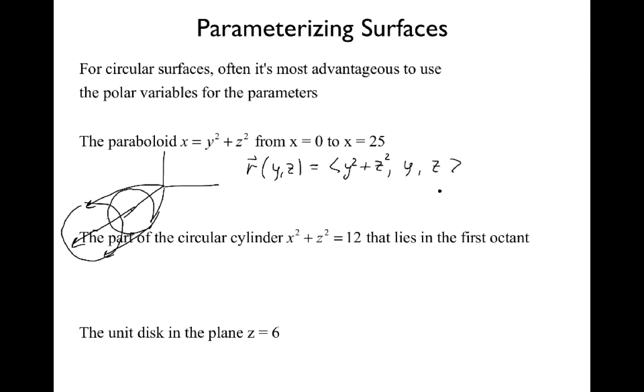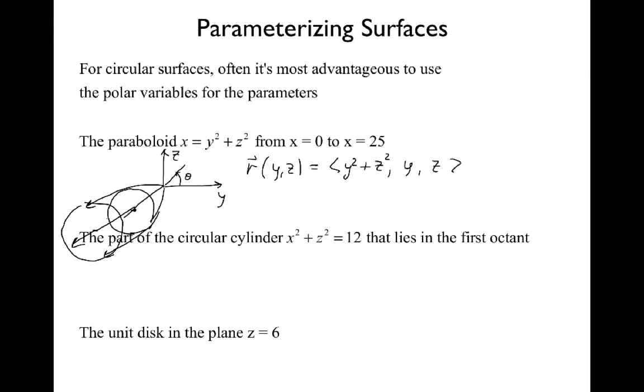But if we wanted to do this in polar coordinates, now we're talking about the polar plane being the yz plane, not the xy plane. So then our angle theta would be swept this way in the yz plane. And then the radius would be the distance from the x-axis, not the z-axis.